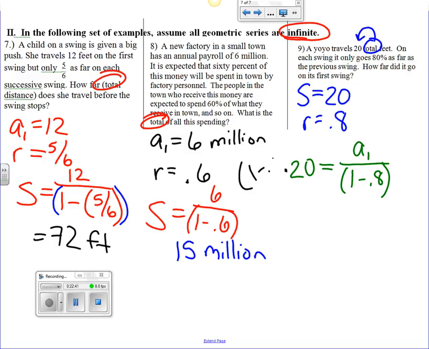Very good. 1 minus 0.8 moves over here and gets multiplied. And Jonathan, what you got? 4.